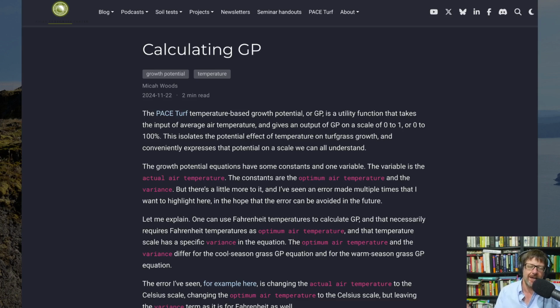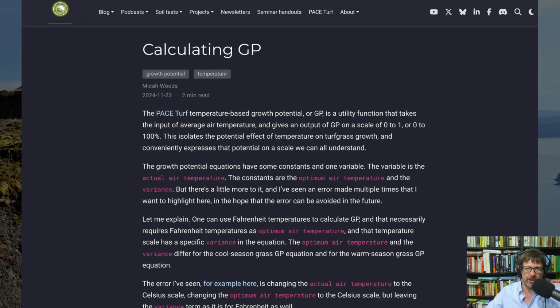All right. So we've got these equations. The equations are designed to do something very simply: take the input of actual air temperature, specifically the average air temperature for a 24-hour period, and convert that temperature into a growth potential. So the input to the equation is the actual air temperature.